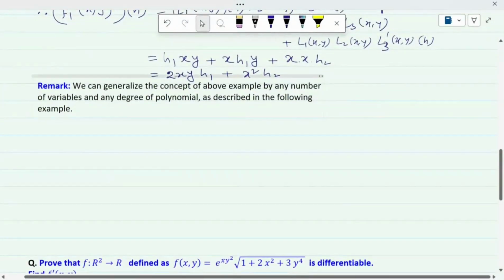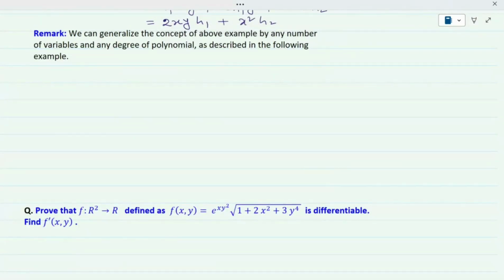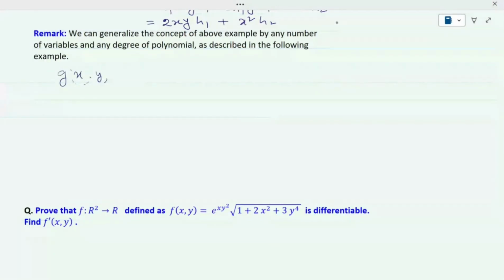Okay, this concept can be generalized further. Let the function be something like g(x,y,z) equal to x to the power 500, y to the power 1000, z to the power 90.